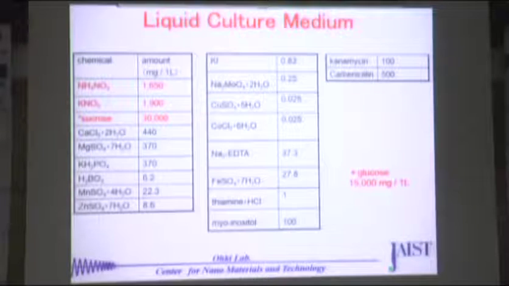So we can use carbon-13 labeled and nitrogen-15 labeled chemicals in the liquid medium, and then we get proteins labeled with carbon-13 and nitrogen-15.